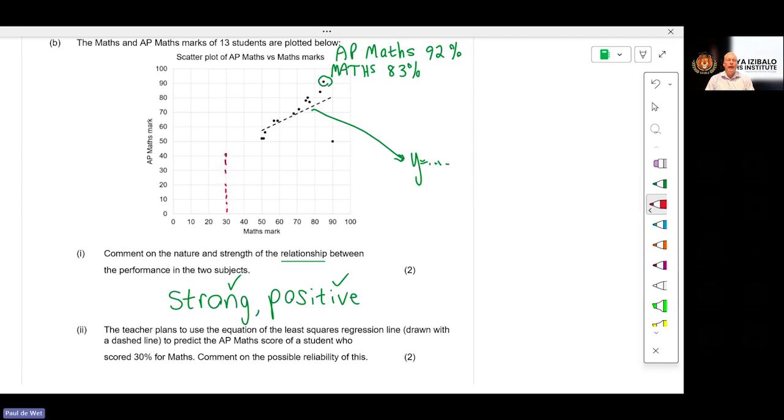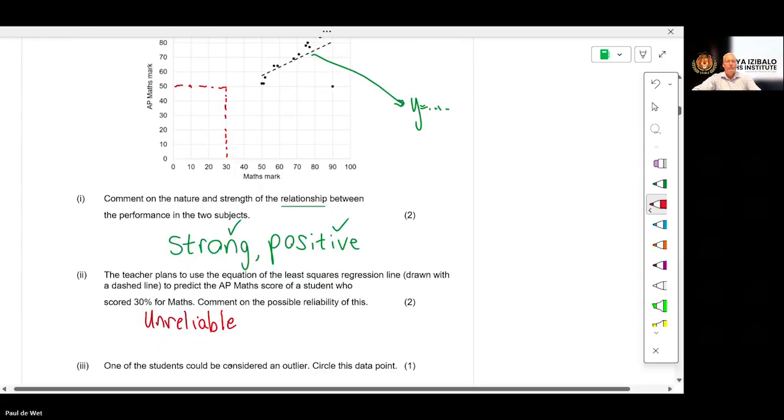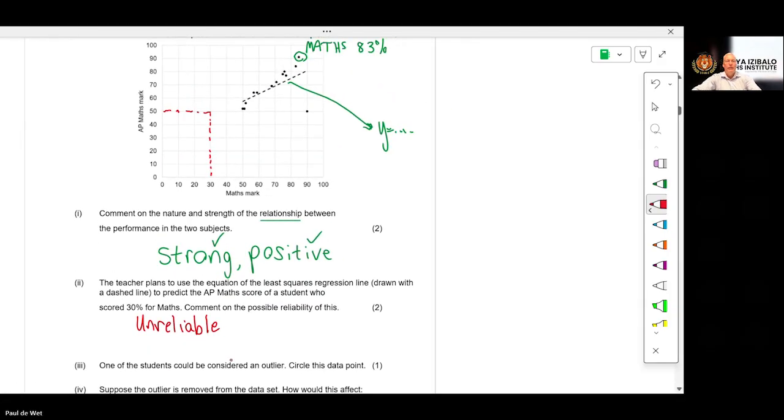Is this a reliable thing or an unreliable thing? I want you to put your hand up and tell me why it is unreliable. There's one word I'm looking for here.